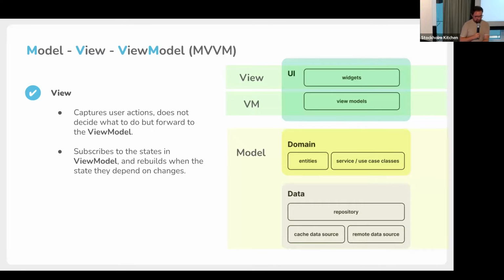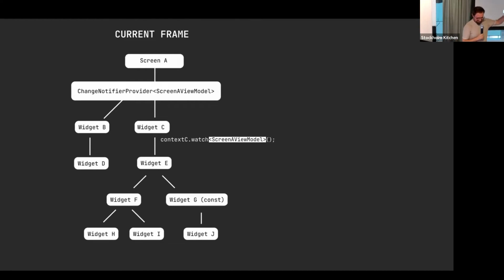Okay, this was a lot of theory. And then finally, we have the View. It captures the user actions, does not decide what to do, but forwards them to the ViewModel, and subscribes to the state changes and rebuilds. So this is something, again, I came up with to visualize things. We have screen A, and under that, we have a ChangeNotifierProvider. This is from Provider, how Provider works.